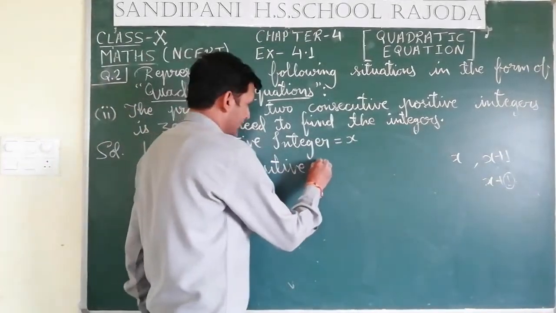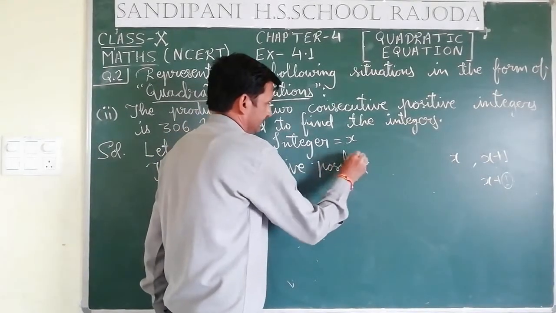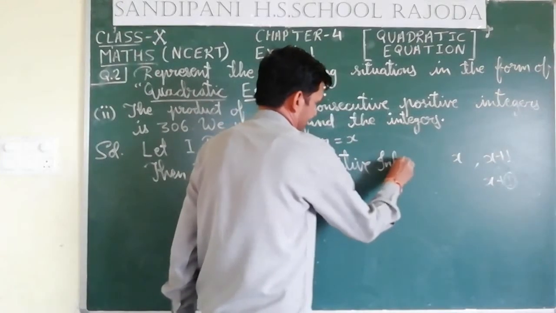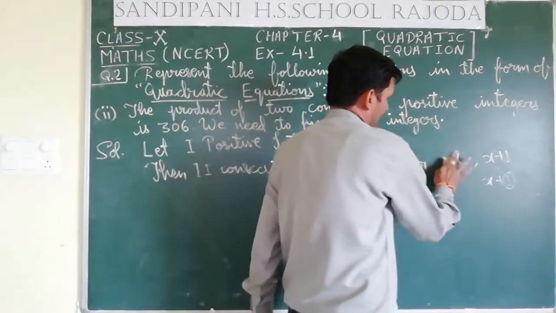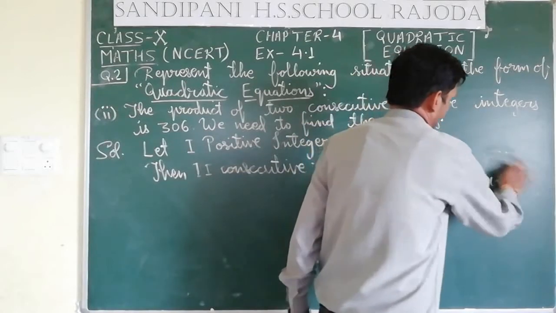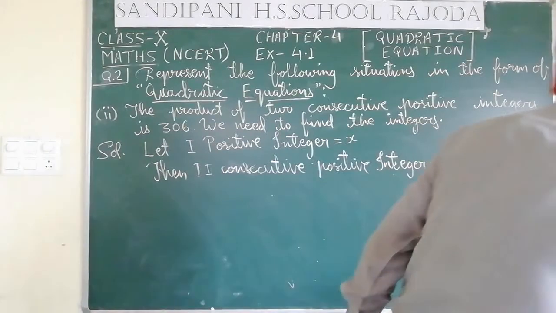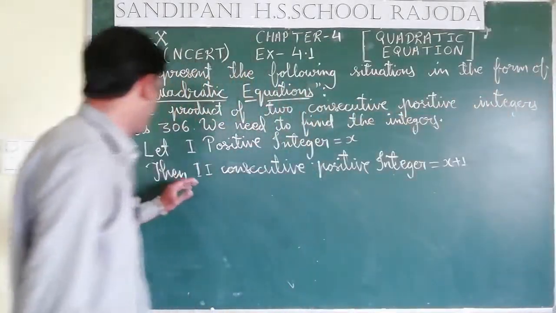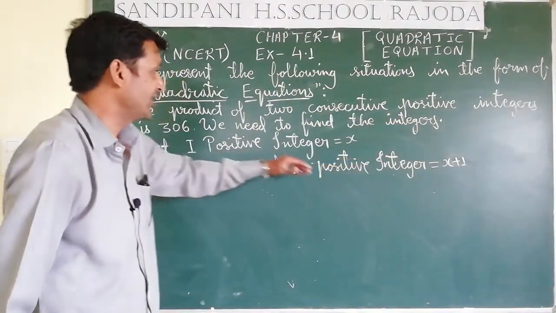Consecutive positive integer will be x plus 1. So now 2 consecutive positive integers are considered.